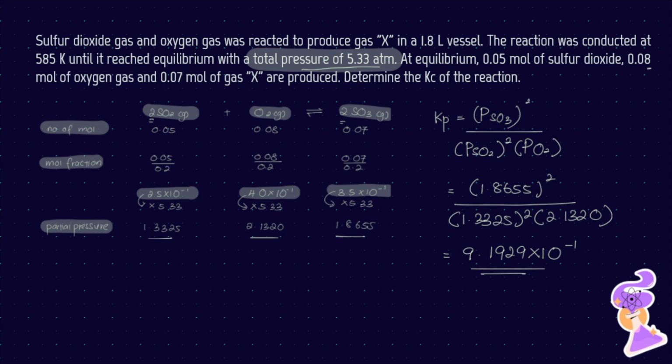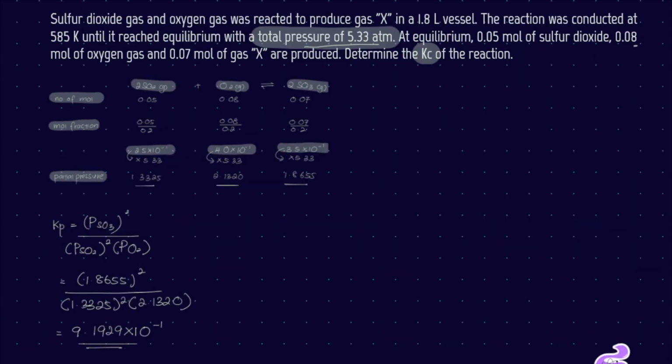But in the question, you were asked to calculate the Kc of the reaction. So we need to write the Kc by relating it with the value of Kp that you have already calculated. Alright, so we are still looking at this balanced equation.